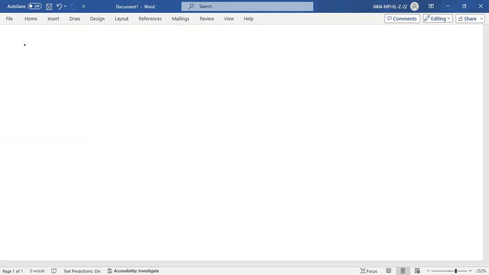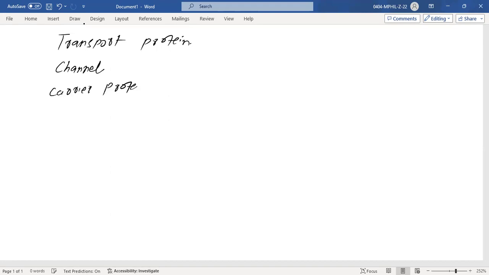So based on transport proteins, we can also divide these proteins into 2 types. One is channel proteins and the other is carrier proteins. Getting it?